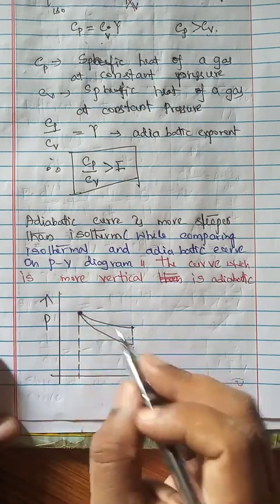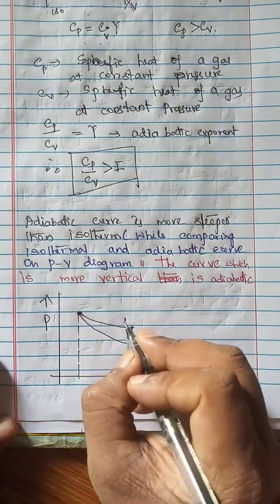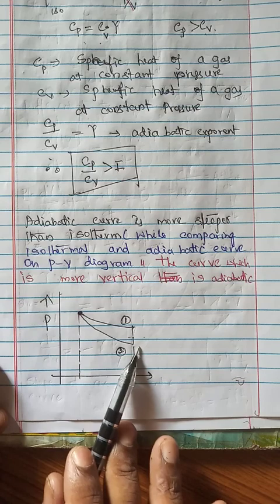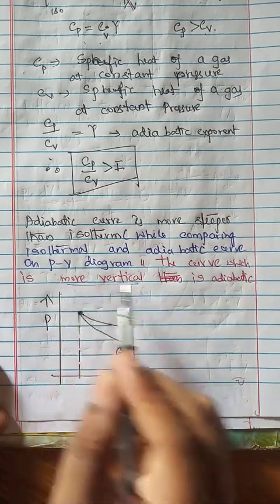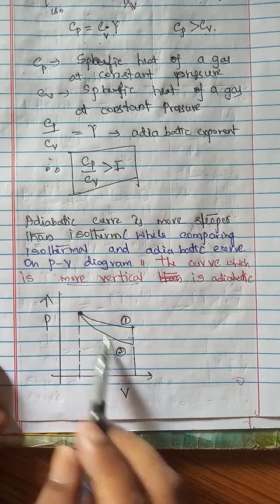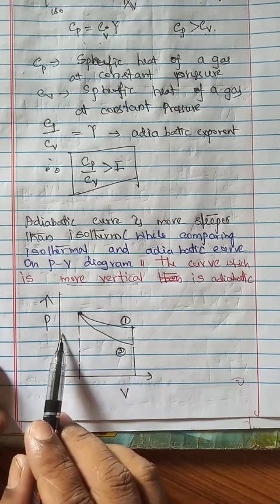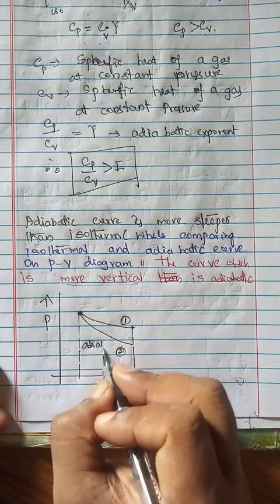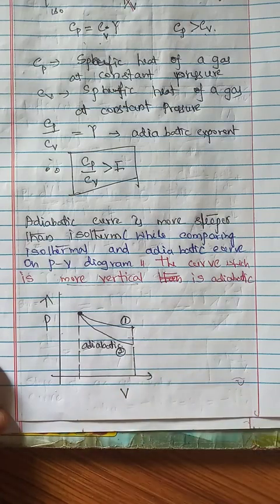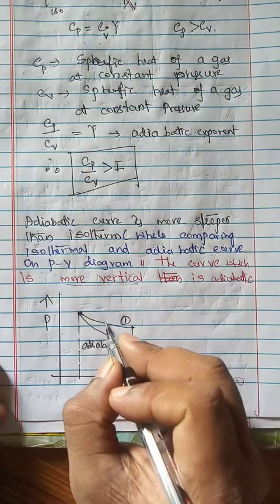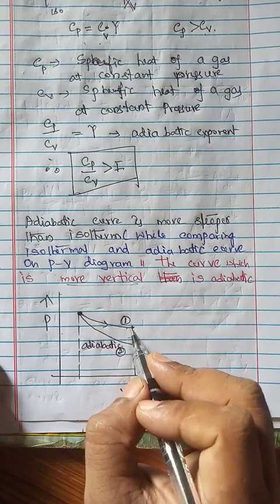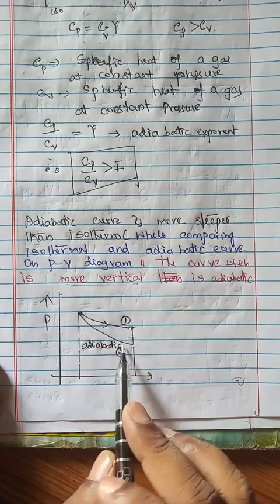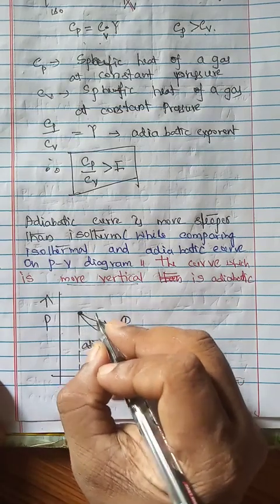This is the first curve, this is the second curve. The second curve is more vertical, and its slope is more, so it is adiabatic. Curve 1 is less vertical and almost more horizontal. More horizontal is isothermal, more vertical is adiabatic. So it is an isothermal curve.